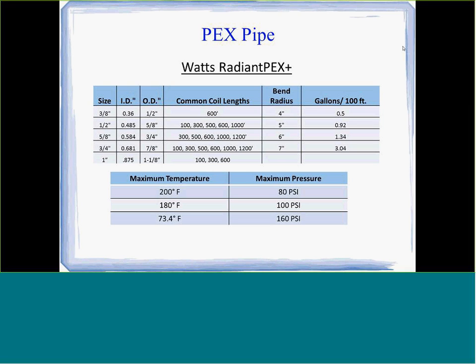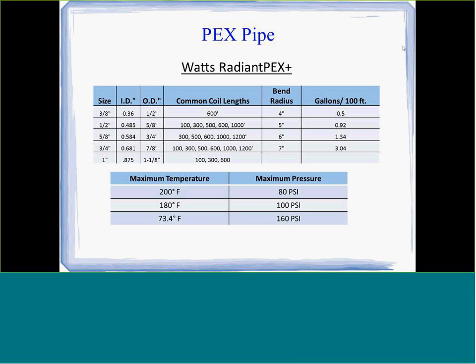These are just an example of the typical sizes we would use in radiant floor, 3/8 through 1 inch. The ones we use most often are going to be 1/2 inch and 5/8. We use those because of the loop lengths that we can use for those, and the bend radiuses, and the ability to carry heat.